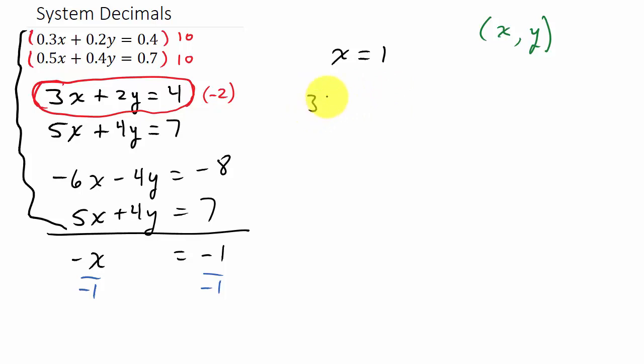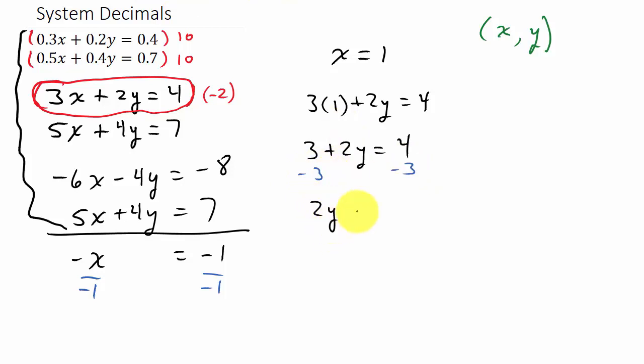So I've got 3 times 1, putting 1 in the place of x, plus 2y equals 4. So I've got 3 plus 2y equals 4. Then I'll subtract 3 from both sides, and I get 2y is equal to 1.